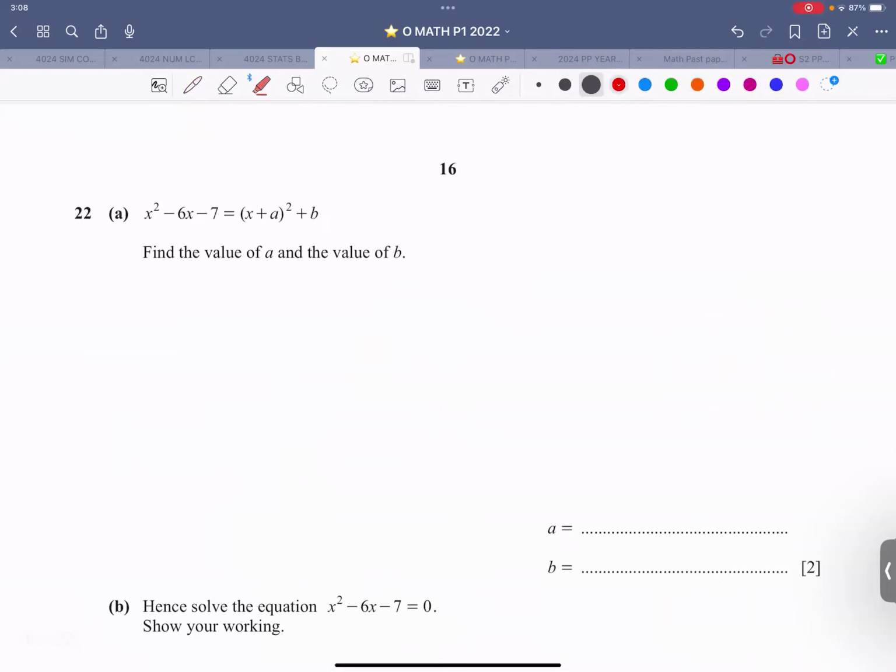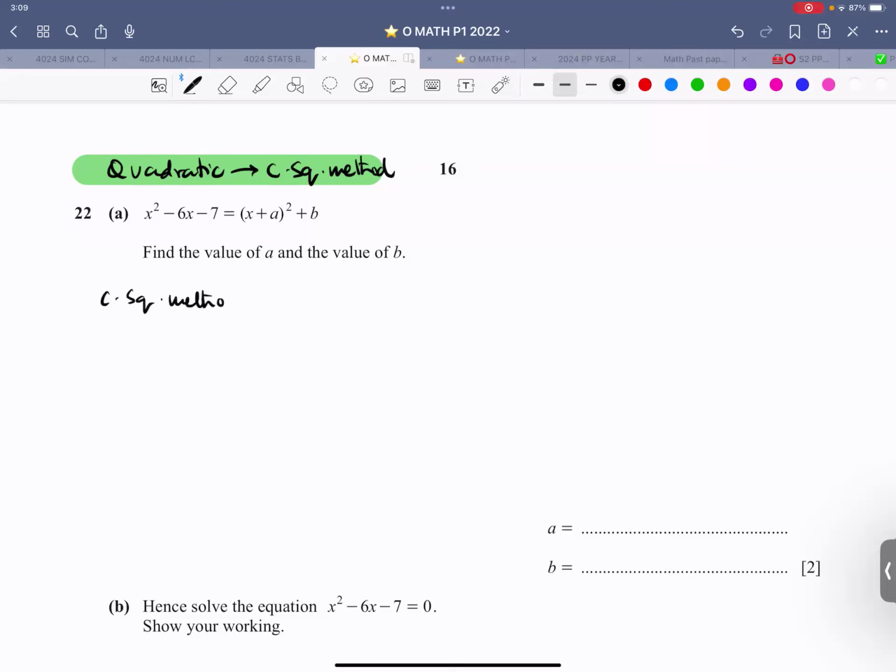Question number 22. This is about quadratic and a special form that is known as completing square method. So now over here, we have to express this thing in this form. So when we apply the completing square method, make sure coefficient of x square is 1.